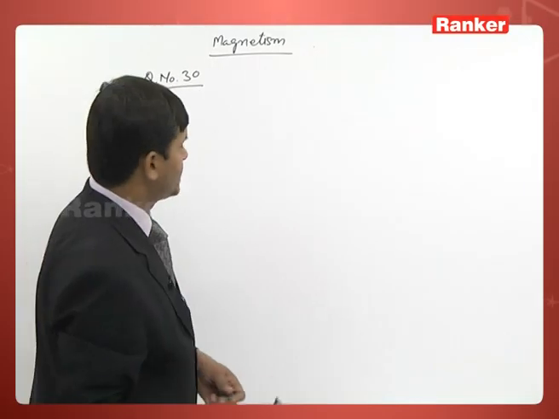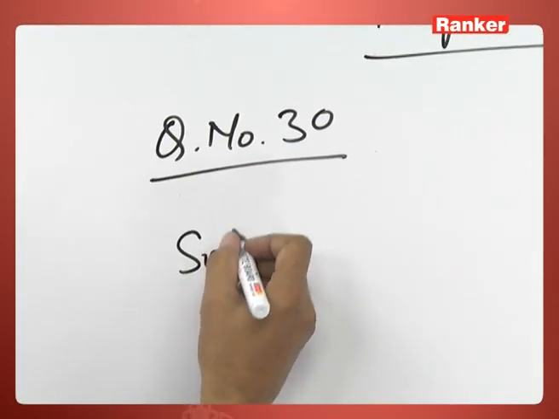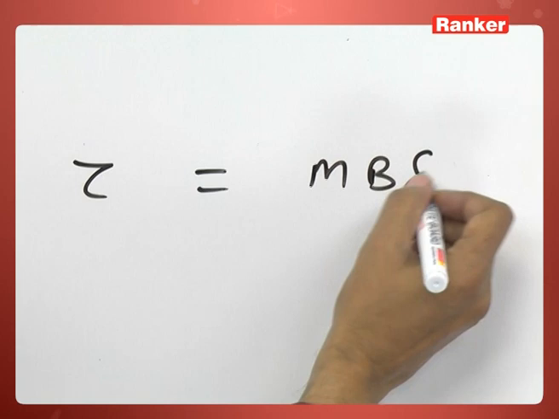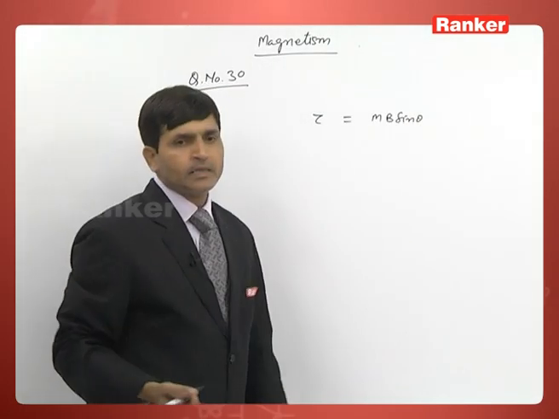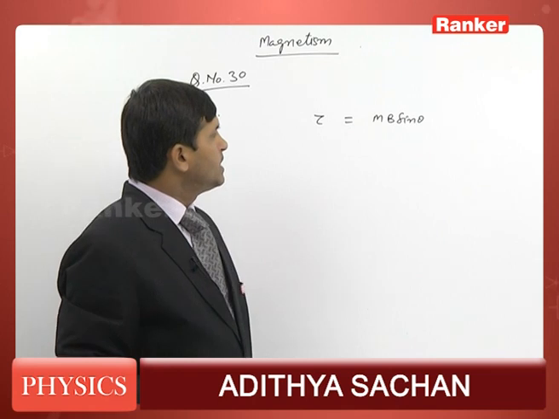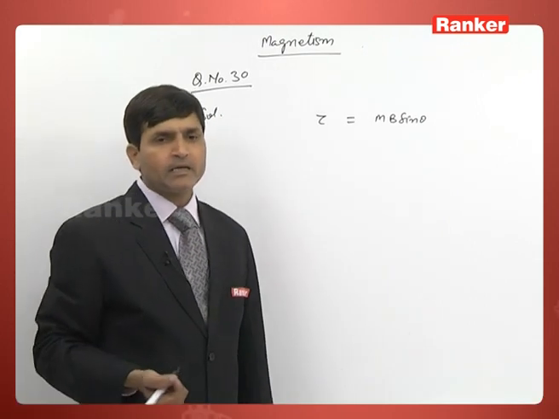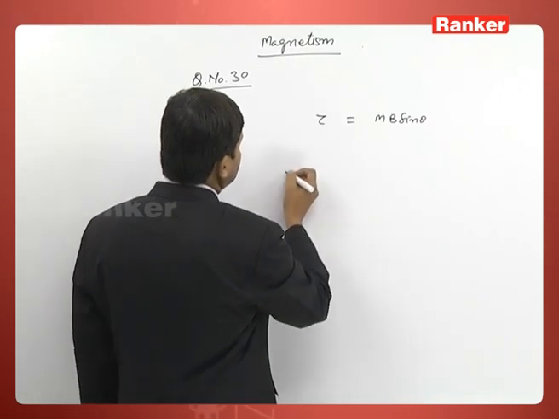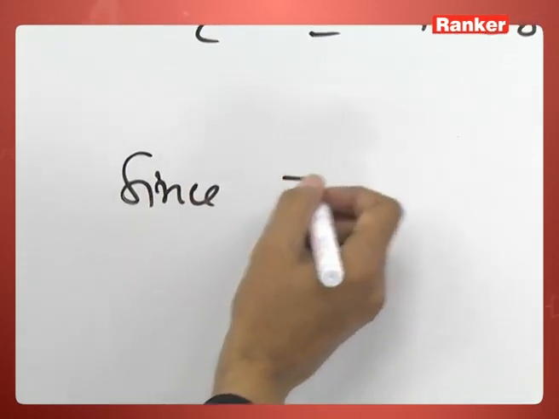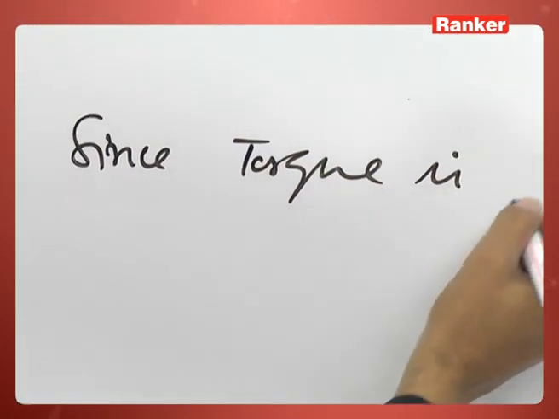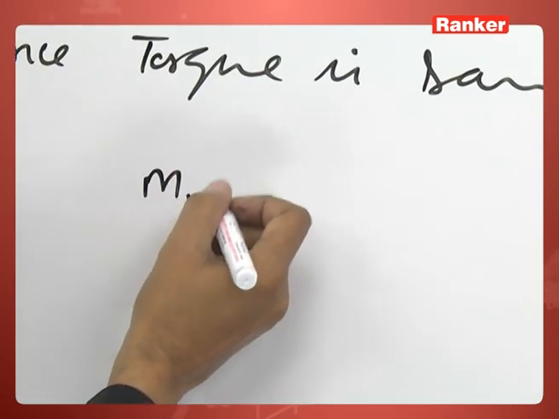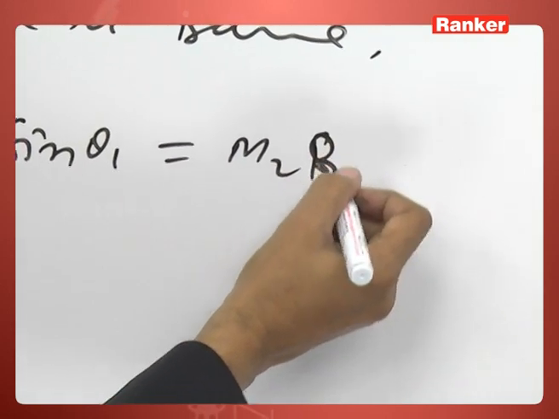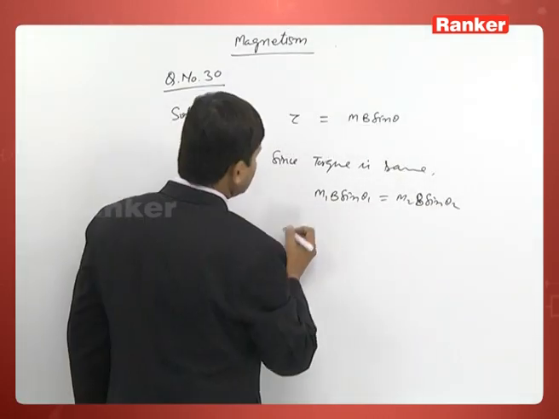Now in the first case, the torque is equal to MB sin theta. In the first case the magnet rotates by an angle of 45 degrees. Since the torque is the same, M1 B sin theta 1 is equal to M2 B sin theta 2.